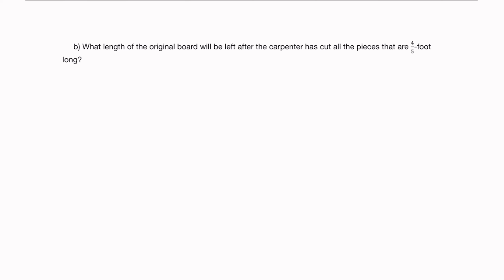We have part B here again so that I can show you another way of solving the same question. Now from part 1, we know that he could make 7.5 pieces, right? If he tried to cut each one measuring 4/5 foot.